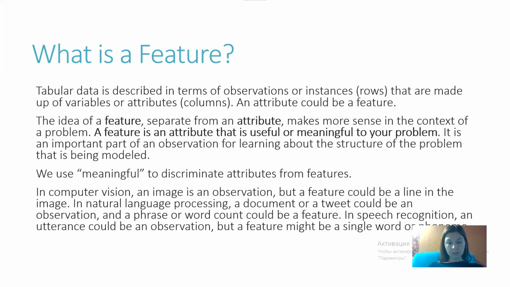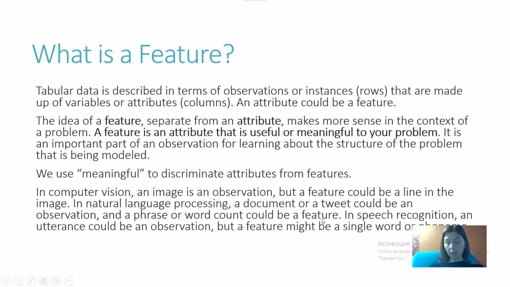In computer vision, an image is an observation, but a feature could be a line in the image. In natural language processing, a document or a tweet could be an observation, and a phrase or word or word count could be a feature.